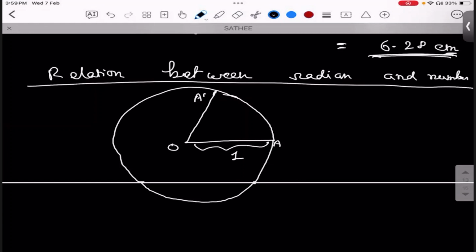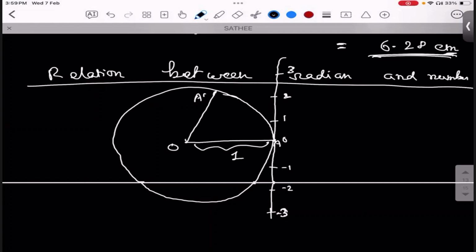Now let us take this point as origin, and draw a tangent at this point like this. This is 1, this is 2, this is 3, this is -1, this is -2, this is -3, and so on. It is going on.